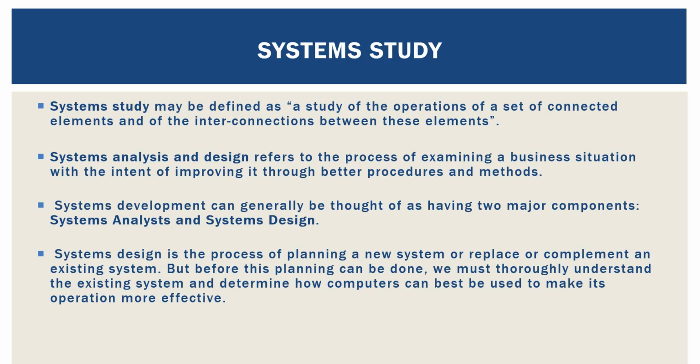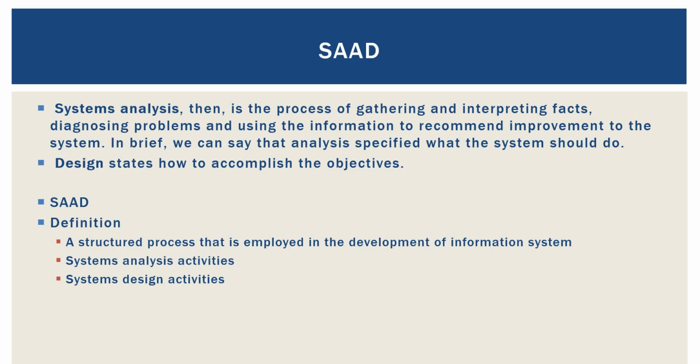Let's move on to the next. Still looking at systems analysis and design, let's look in detail at what analysis does and what design does. Analysis is the process of gathering and interpreting facts, diagnosing problems, and using the information to recommend improvements to the system. So we want to understand how the system works.